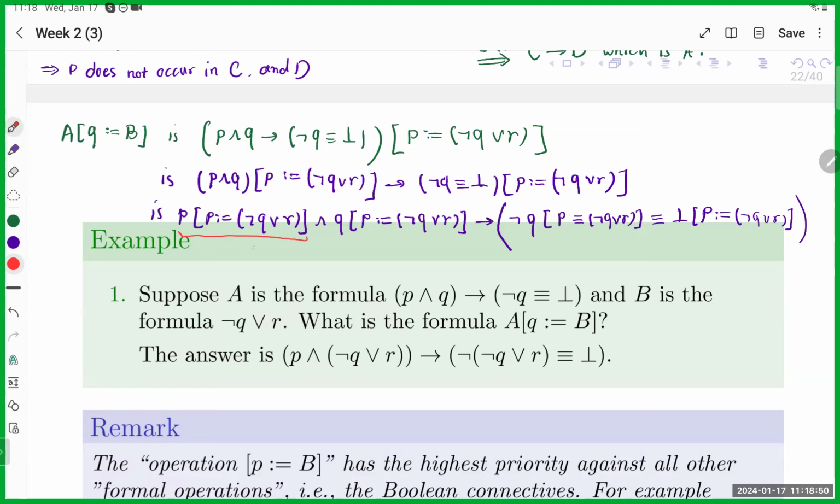In P, you substitute P with negation of Q or R. By the recursive definition, P is atomic, so now I can use the definition. This is negation of Q or R.